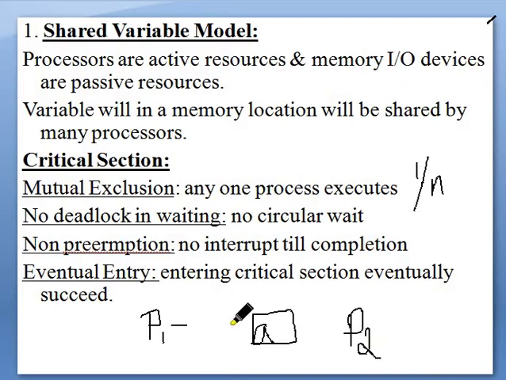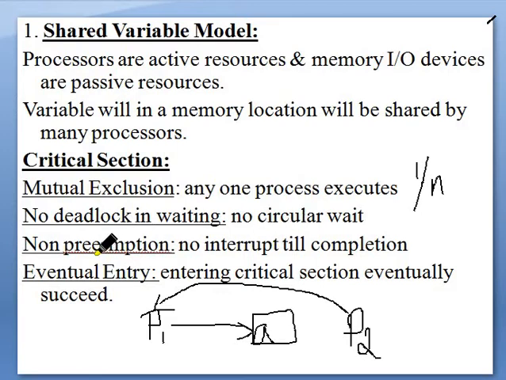P2 is waiting for the result of P1, and P1 will never get access to A's value, hence P1 cannot update the value. If P1 cannot update, P2 cannot continue either. In such a situation it is called deadlock because of waiting. So it is a circular wait, and the variable model also works based upon this circular wait method.